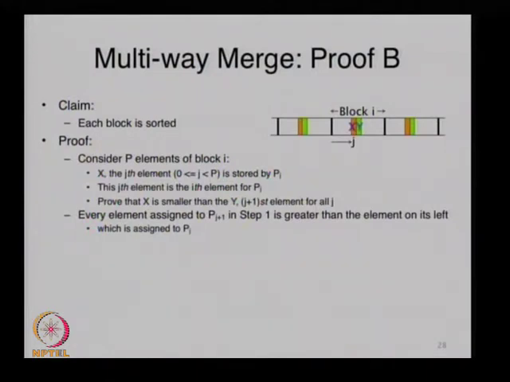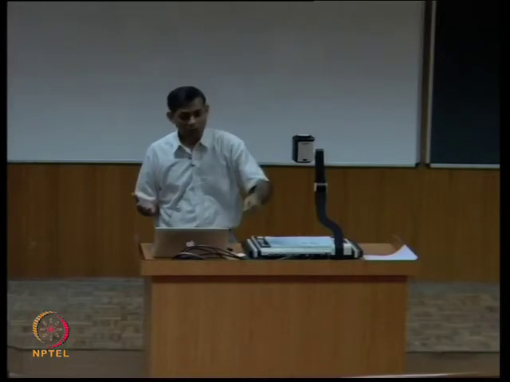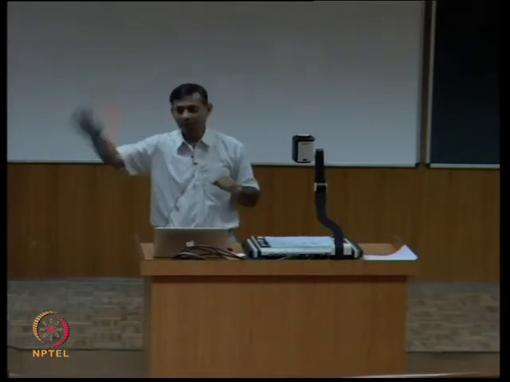Now, because it is block I, which number is basically a transposition. Which number of Pj plus 1 was y? Ith number, right? Block 0 gave everybody their 0th number. Block 1 gave everybody their first number. Block I gave everybody their ith number. So x is the ith number of block of Pj, and y is the ith number of block Pj plus 1.